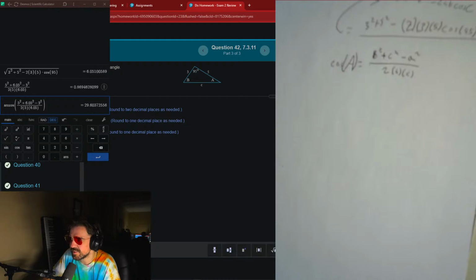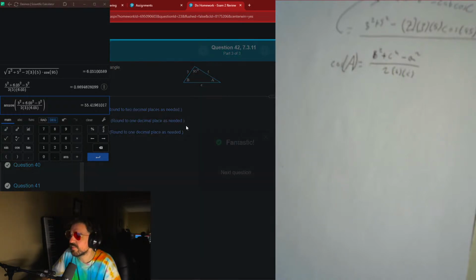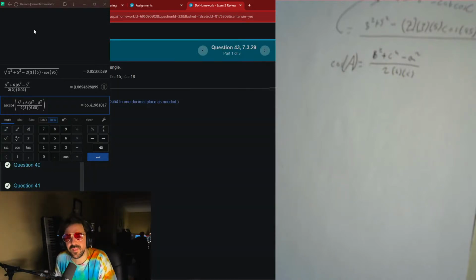Now I just gotta do the same thing for B, which is very easy. Just switch some values out, right? B was 5, so we just gotta turn every 5 into a 3. And vice versa. 55.4. It's gotta be it, right? Wow, dude. The final stretch. It's amazing.